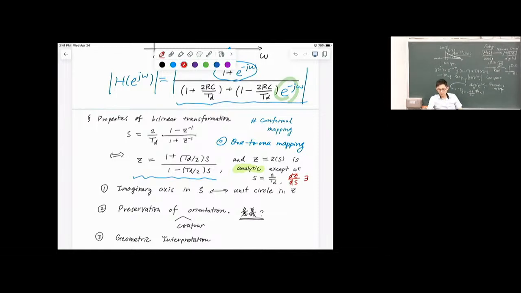So z of s is analytic, differentiable, except at its singularity, which is where the denominator becomes zero. Except at this singular point.